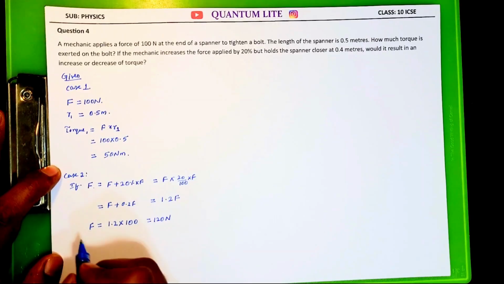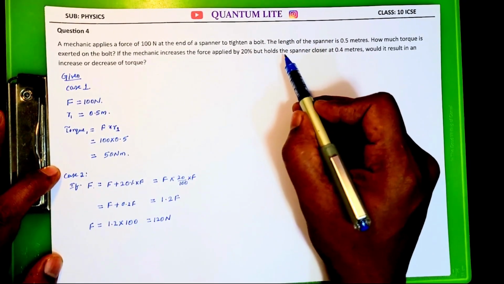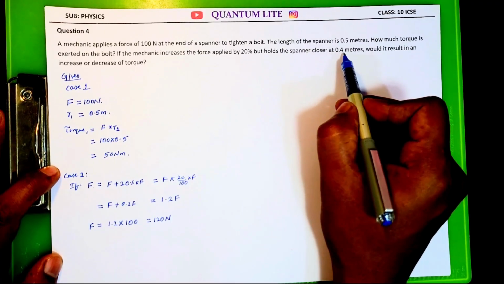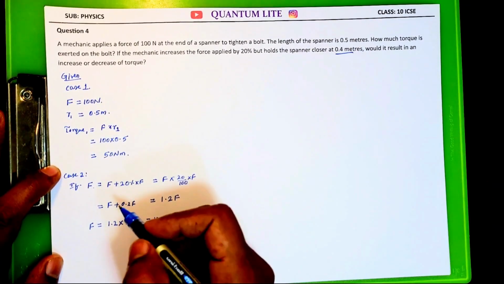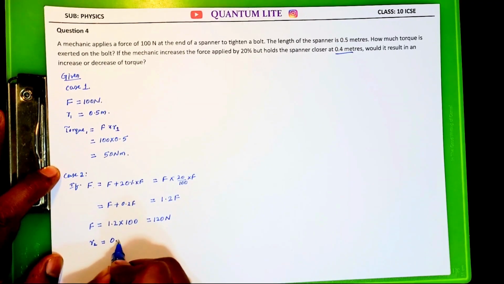The mechanic holds the spanner closer at 0.4 meter, so perpendicular distance R2 is equals to 0.4 meter.